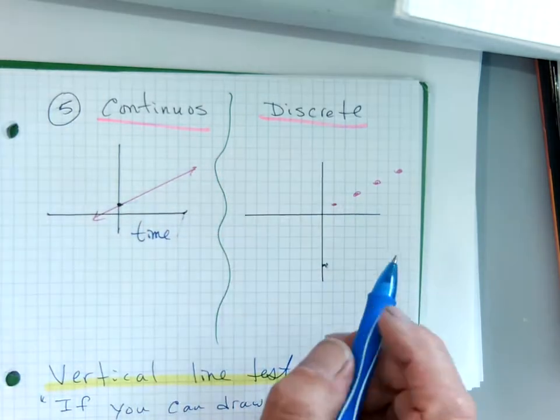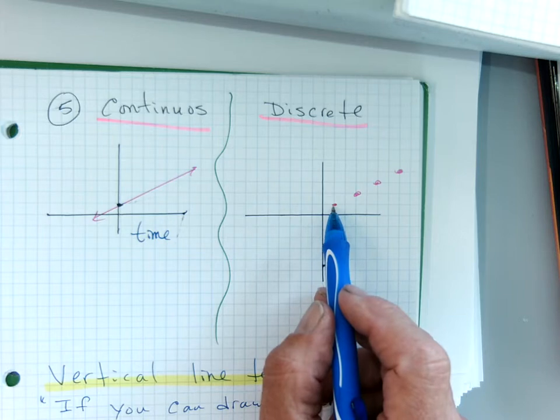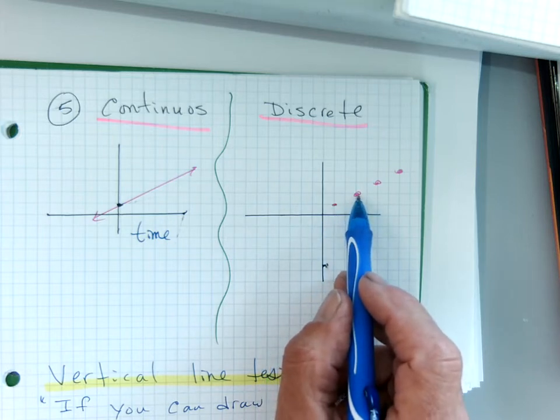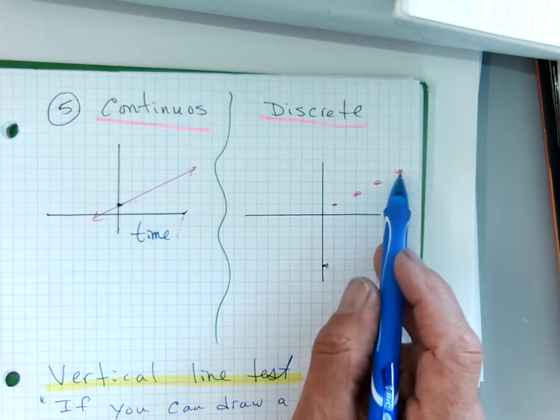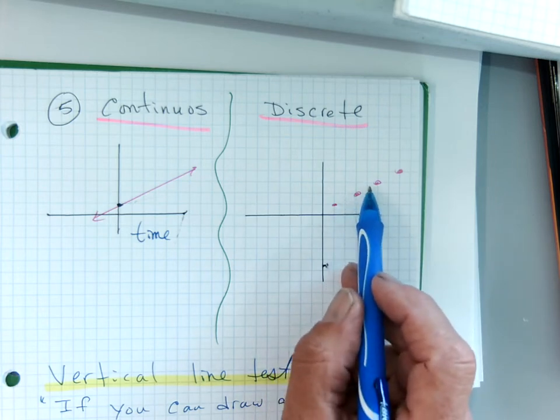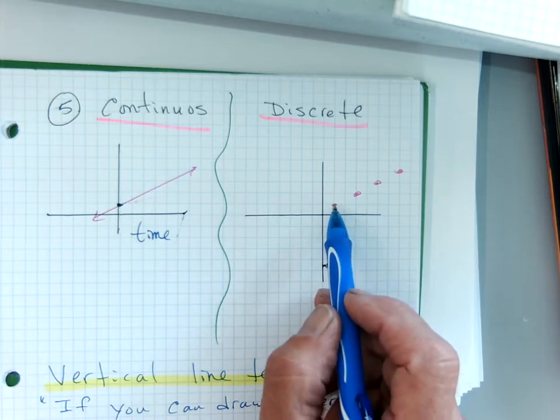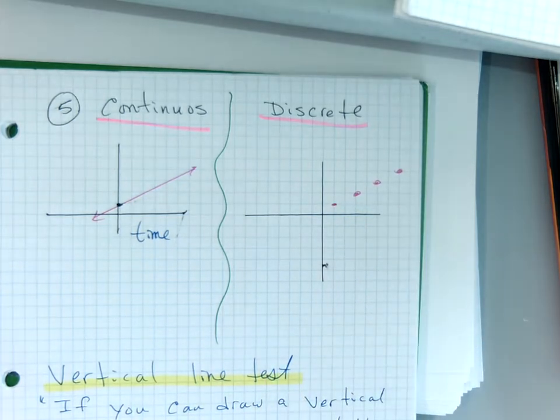Time is continuous. But discrete, for example: I have 1 dog, now 2 dogs, 3 dogs, 4 dogs, but I can't have half a dog, or 2.5 dogs, so a discrete graph is just dot to dot to dot.